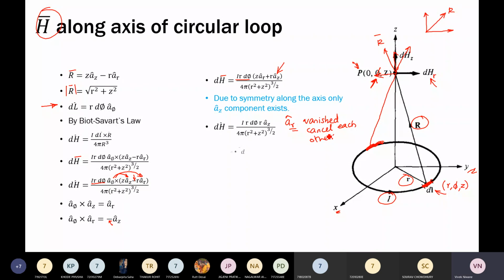So we can rewrite this as dH bar is equal to I r² dφ upon 4π (r² + z²) raised to 3/2 into a_z cap. Now we want the complete term, H bar, so take out the constants.